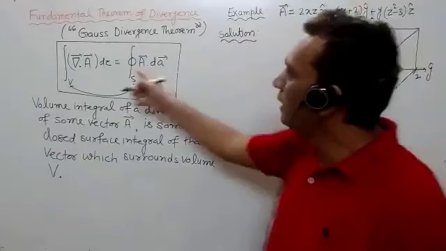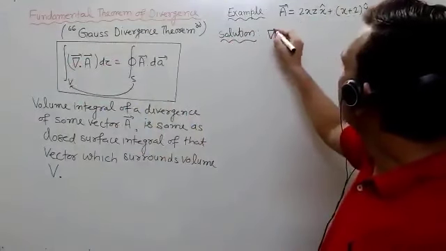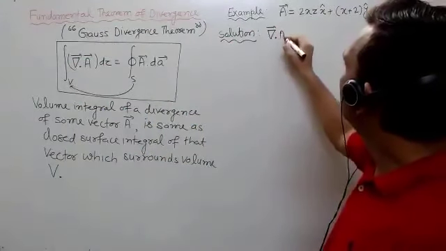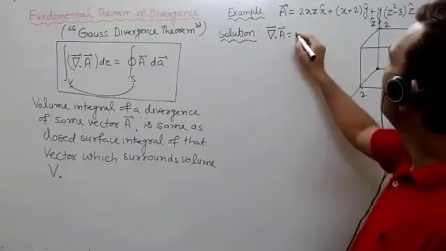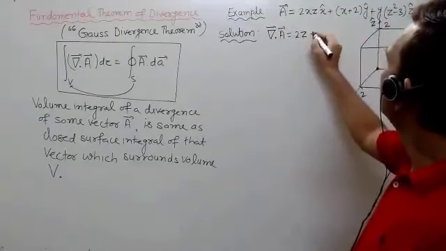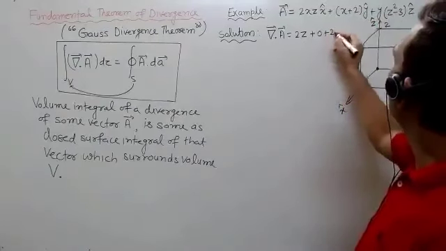So first calculate volume integral of a divergence. So you have to find divergence of A. And what will be divergence of A? This will be twice Z. This will be 0. And this will be 2yz.